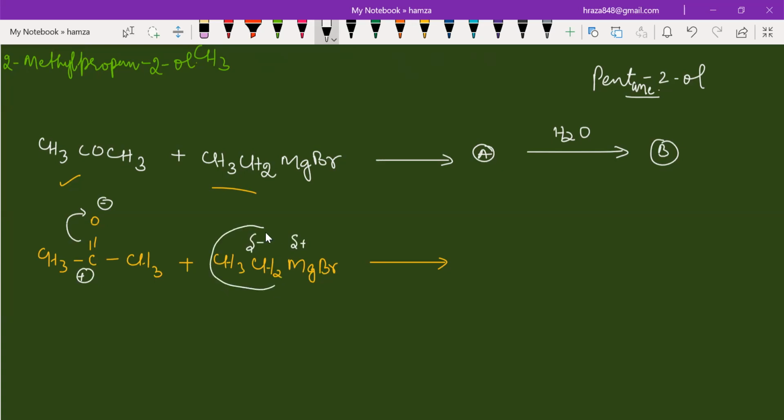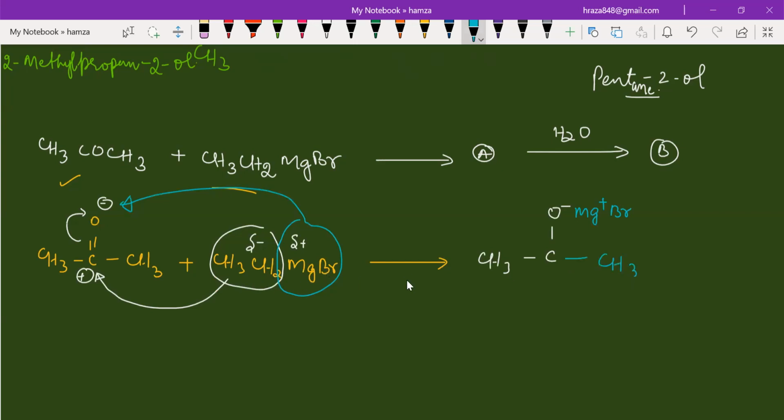So this whole part will connect with this. Now you can say CH3, C single bond O minus, and this negative part will go to oxygen. So it will be Mg plus Br. And now there is CH3 already, and this part will go here, CH2, CH3. This is our adduct part.